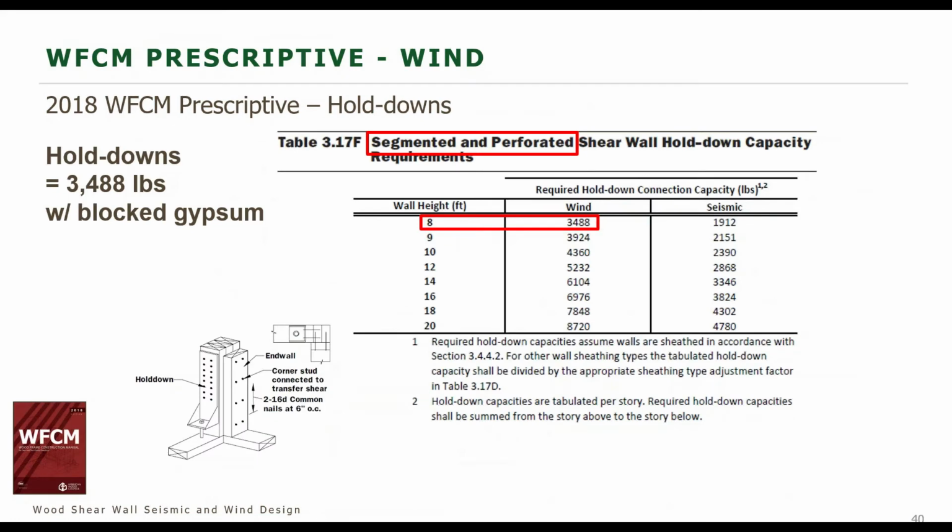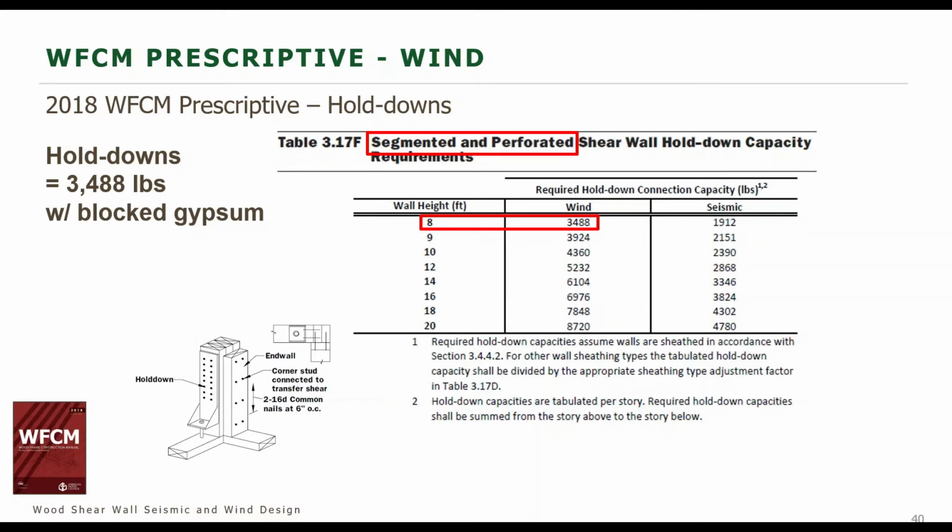So for the prescriptive approach for the WFCM, our hold downs for segmented and perforated shear walls are calculated the same way. We go into this table 317F here, and we see that for an 8-foot wall height, for a wind design, we have a required hold down capacity of 3,488 pounds.